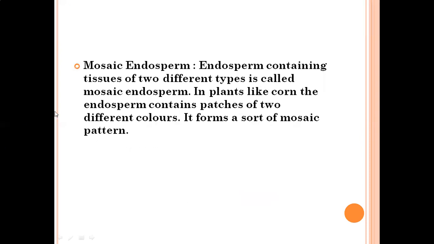Now next, mosaic endosperm. One more type is added in this new syllabus. Endosperm containing tissues of two different types is called mosaic endosperm. In plants like corn, the endosperm contains patches of two different colors. It forms a mosaic pattern.